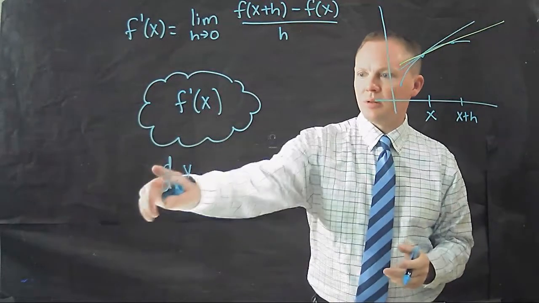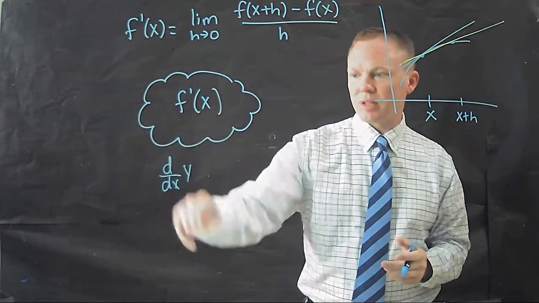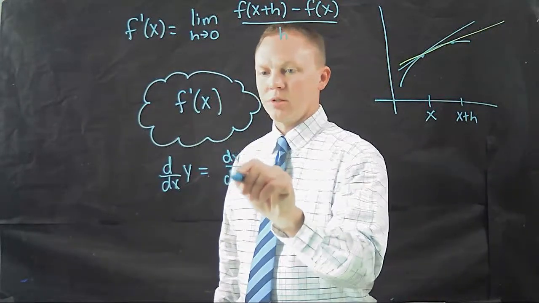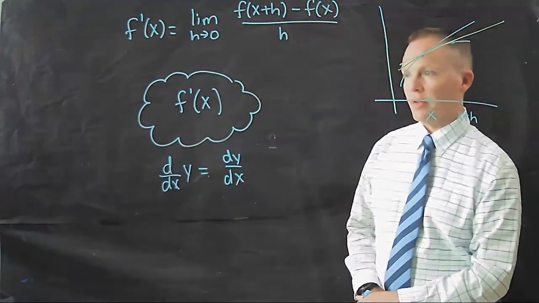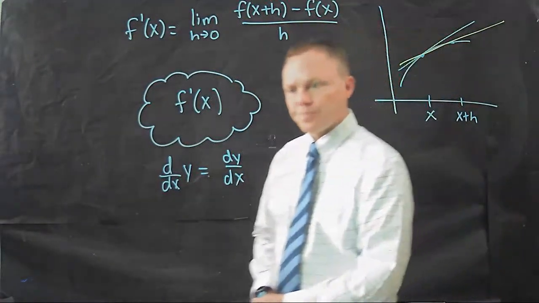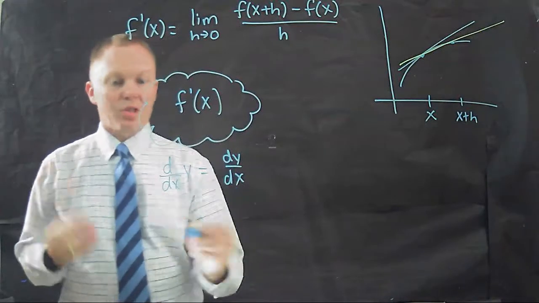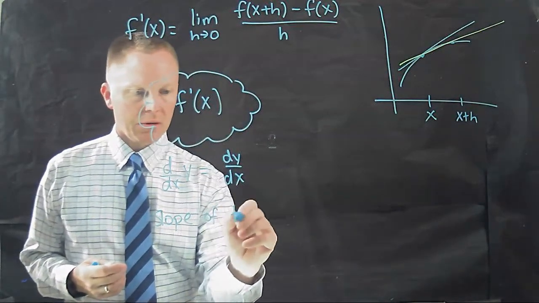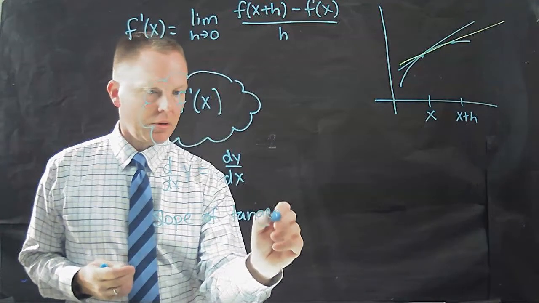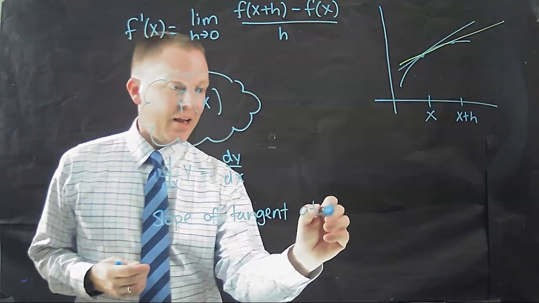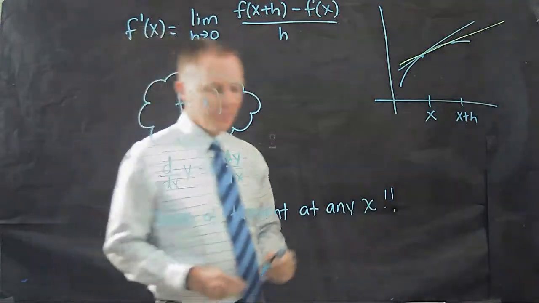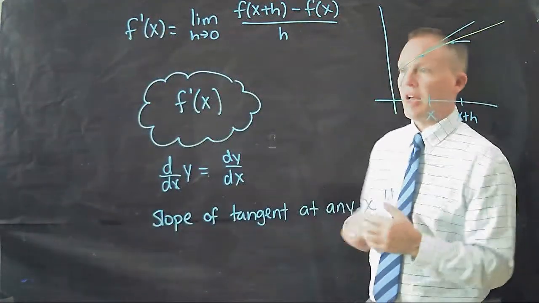This right here means the derivative with respect to x of y. We typically just write it like that, dy over dx. It's the slope of the tangent at any x. Okay? It's the slope of the tangent at any x.